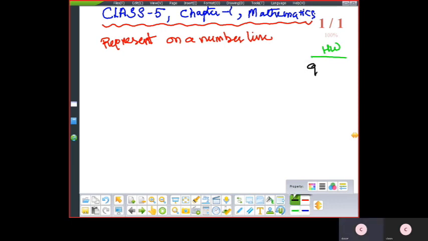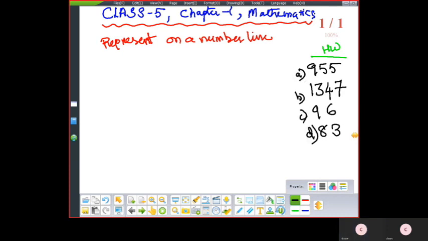You first try to do it by yourself, and if you cannot understand, you can go through the My Class Campus and check your answers. Any doubt? Okay, children. So these are the numbers. We present these numbers on a number line. So these are some of the questions.